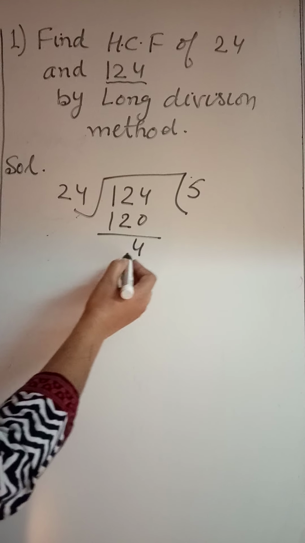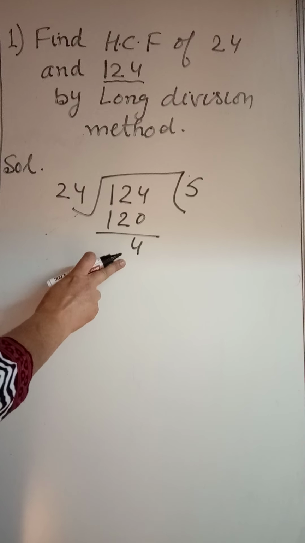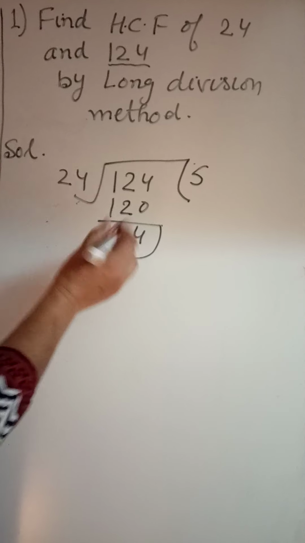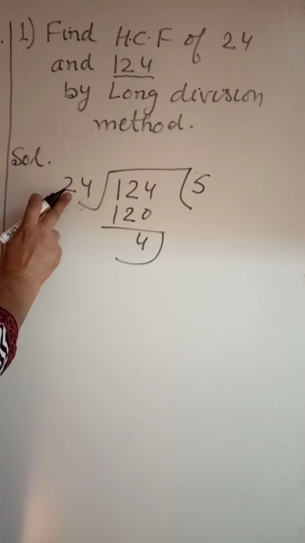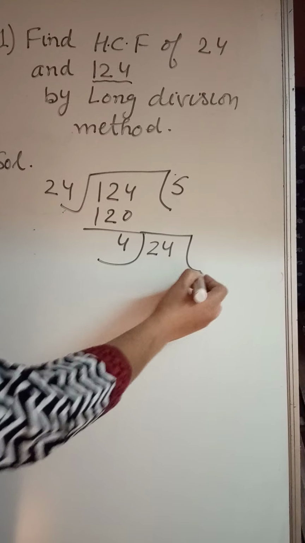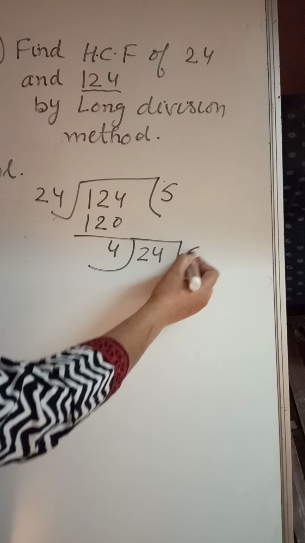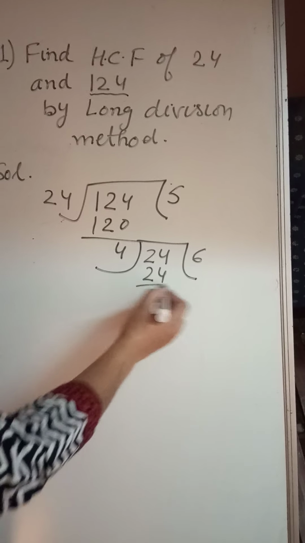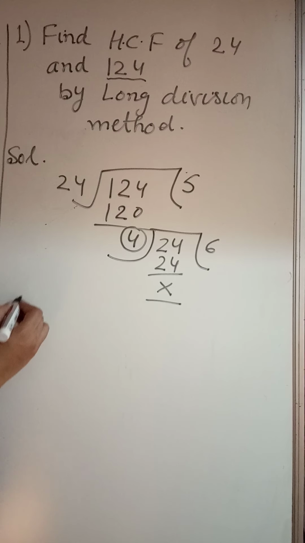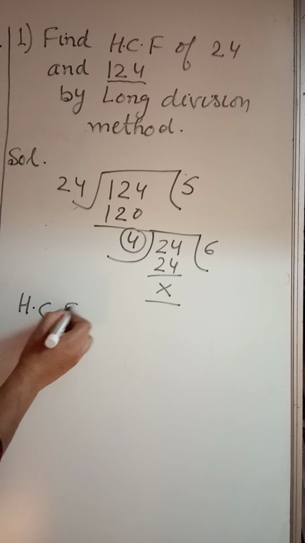So 4 is the remainder. Next we can't perform the division. Whenever such a situation came, we keep this 24 inside. Again division, 4 sixes are 24. So wherever division stops, that is the HCF.